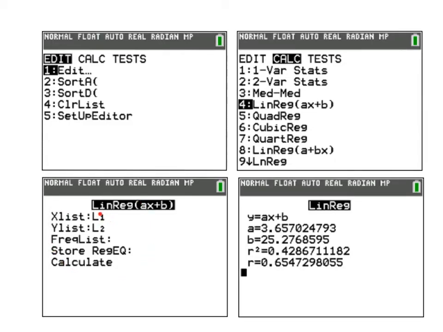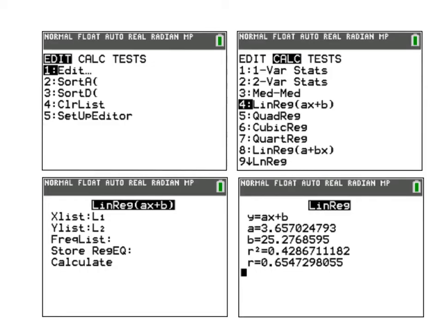Your x list is in L1 and your y list is in L2. Arrow down to calculate, and hit enter. You will come across this. It gives you that equation again, y equals ax plus b, which is slope-intercept form. It tells you a, or the slope, and it tells you b, or the y-intercept. The r and r squared we're going to talk about a little bit later in the unit.